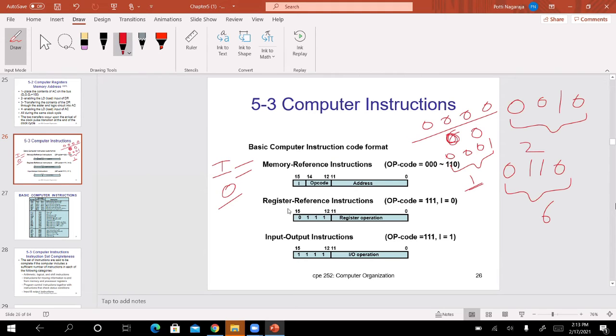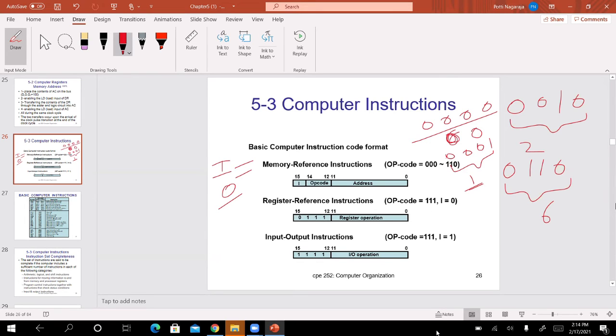Then the second one is register reference instructions. What is the opcode here? It is predefined. What is the value? 111. And what is the I value? 0. So for register reference instructions, the I value is always 0 and the opcode is 111.